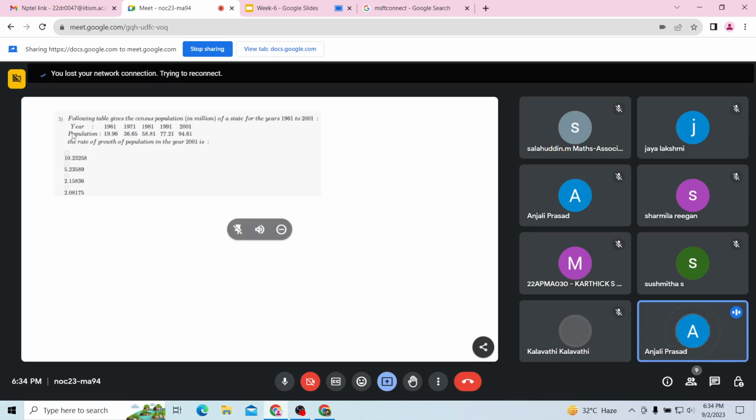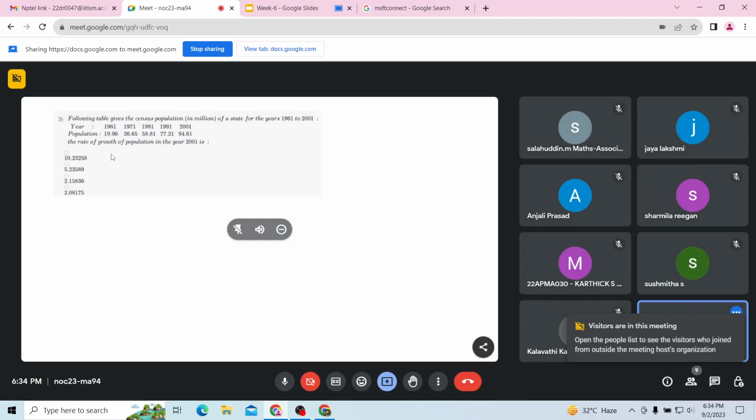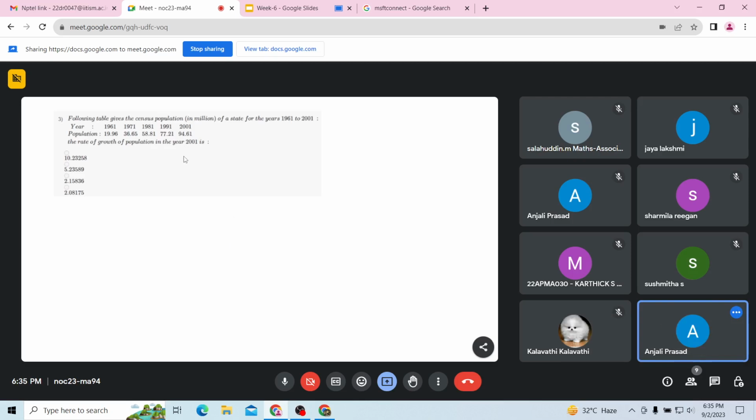So just take this as x, represent year by x and population by y. Okay, so you have to calculate dy by dx at x equals 2001. Fine. So calculate it using any of the methods. You can use Newton's backward difference formula.